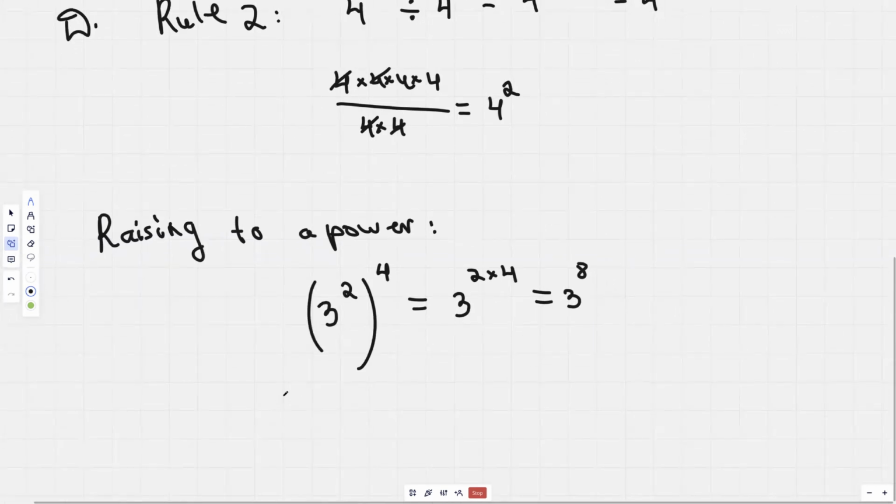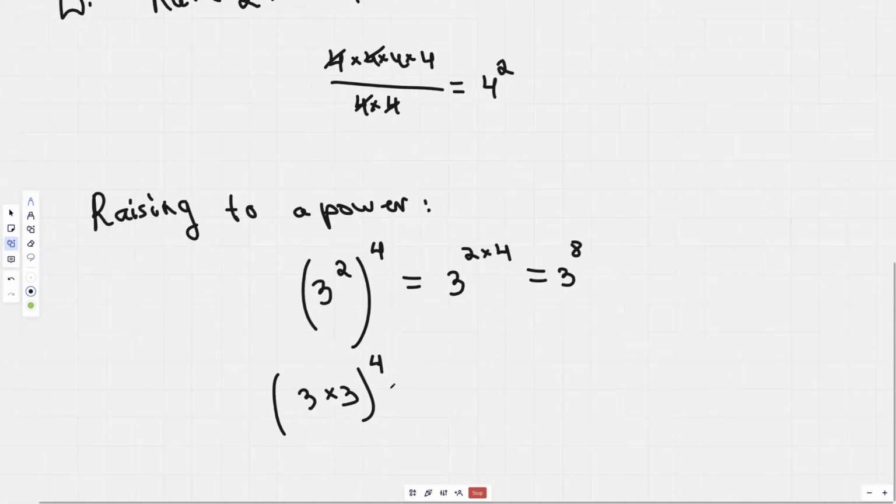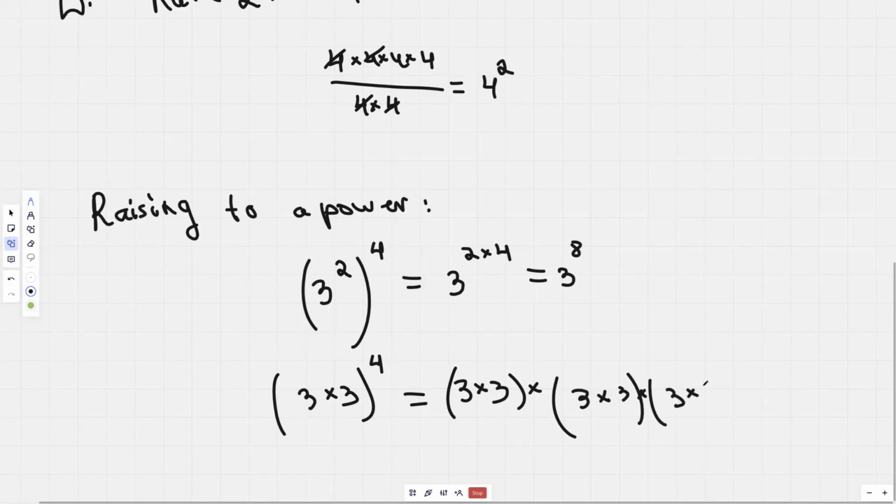So 3 squared is equal to 3 multiplied by 3, right? And we are multiplying 3 multiplied by 3, 4 times. 3 multiplied by 3 multiplied by 3 multiplied by 3, and that's multiplied by 3 multiplied by 3, and the last one multiplied by 3 multiplied by 3.